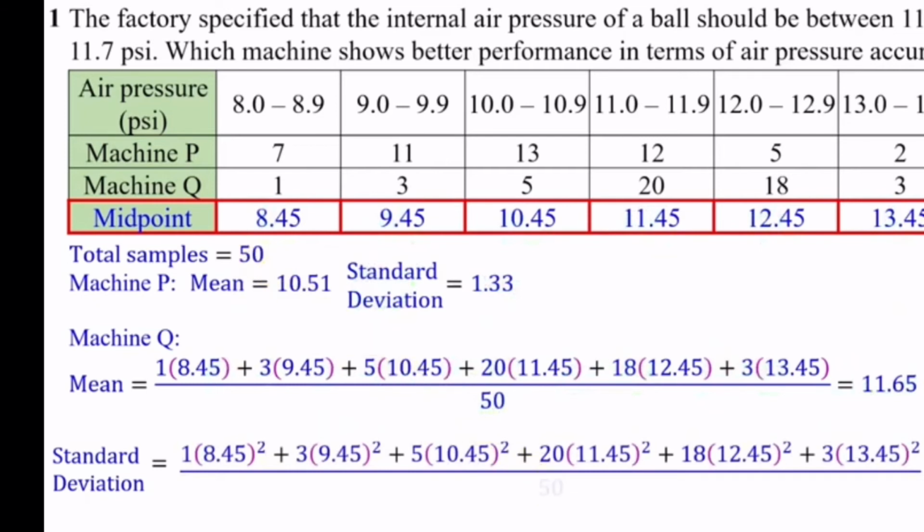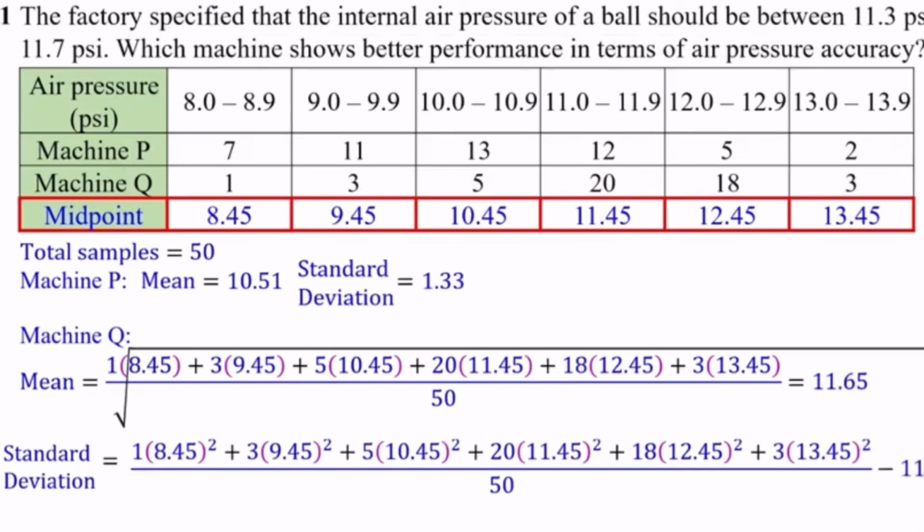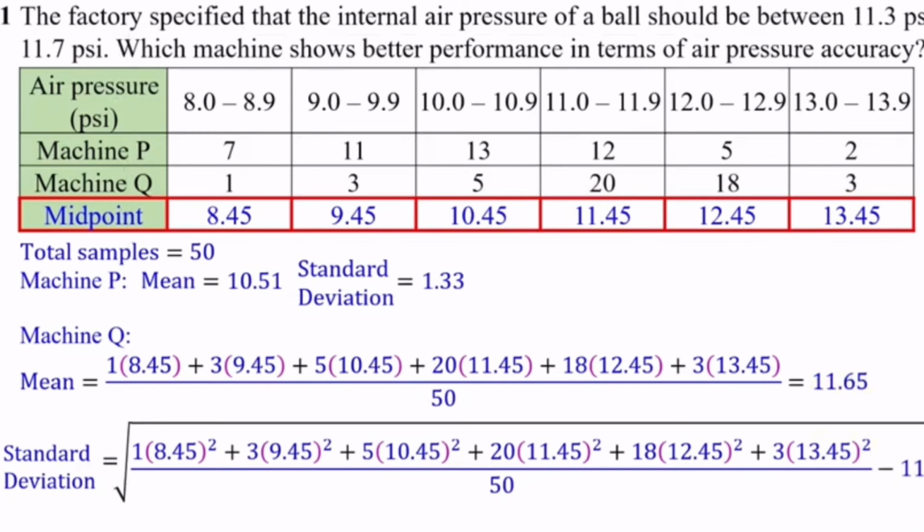And then we need to minus the mean, which is 11.65 square. So we will minus 11.65 square. So now we can square root the whole thing to get the standard deviation for machine Q. Right? So let's press the calculator carefully to get the answer.